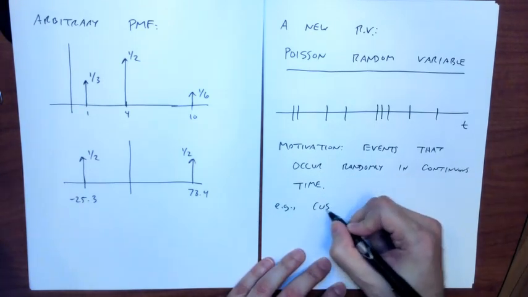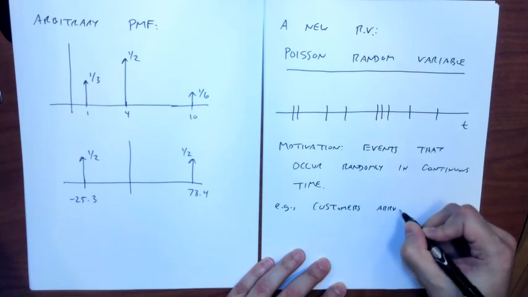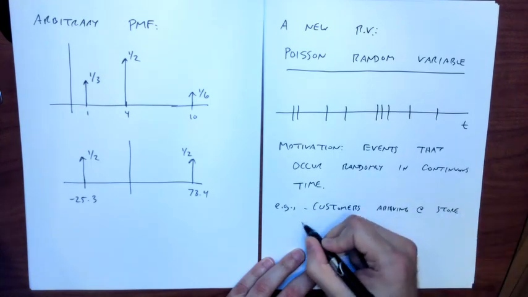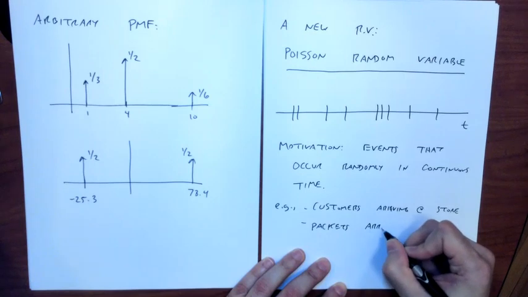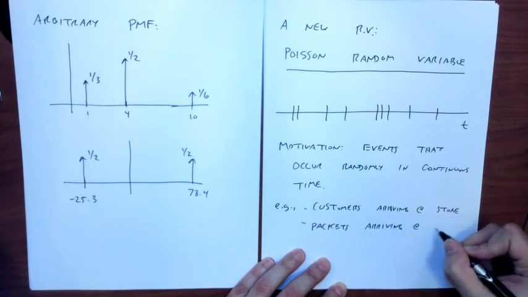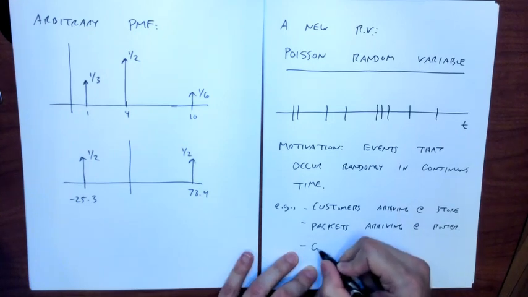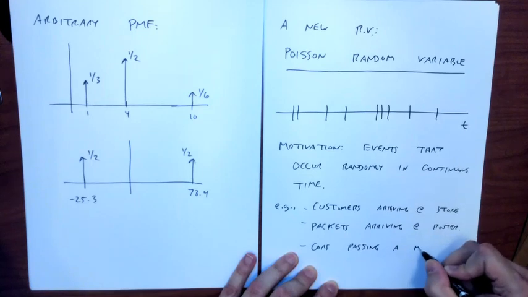For example, customers arriving at a store, or packets arriving at a router, or cars passing a mile marker. I'm not going to write down everything.